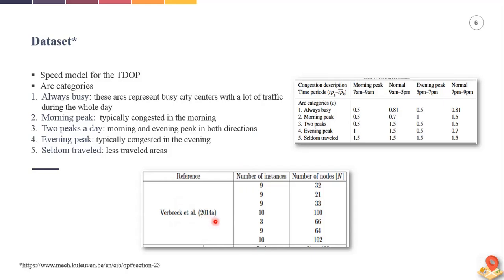This dataset is modeled by a traffic amount at different times on the network. This dataset includes 7 networks with the number of vertices from 21 to 102.